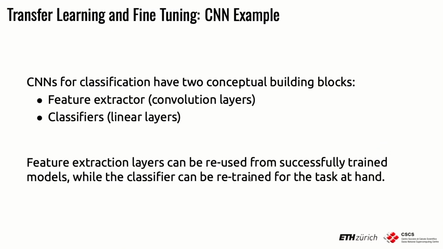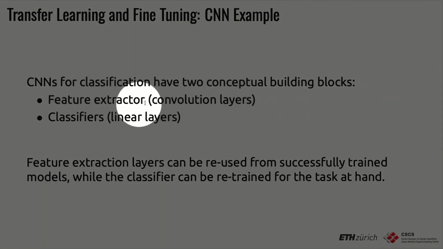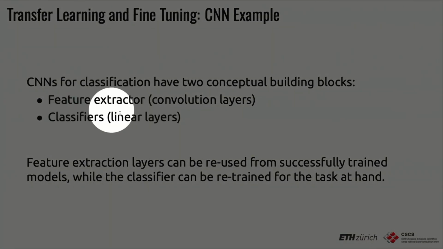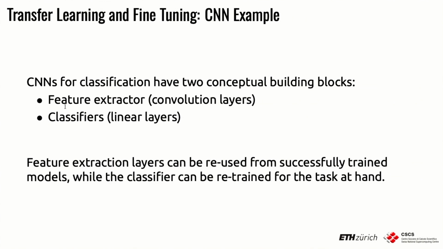So in the CNN example that we have seen yesterday, CNN for classification, if you remember the slides, in a CNN we have essentially two conceptual building blocks. You have the first building block that is a bunch of convolutional layers that, as we've seen yesterday, essentially act as a feature extractor.